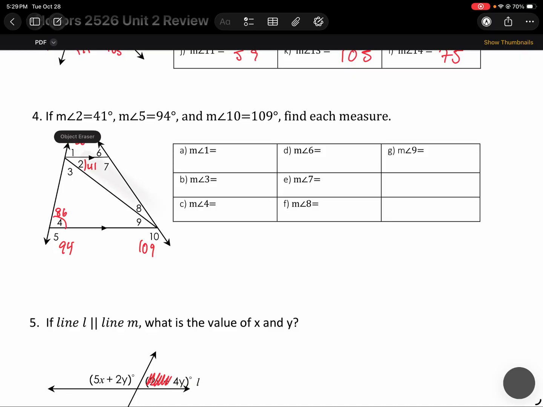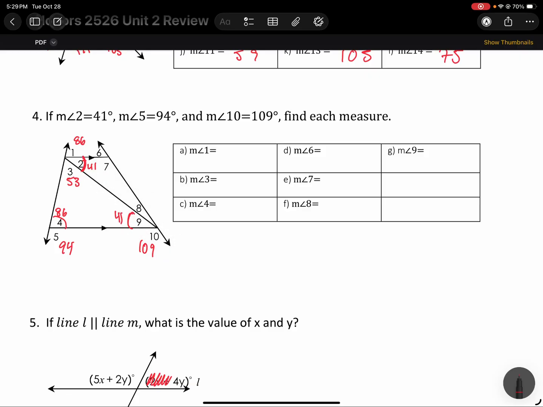From there, angles 1, 2, and 3 all form a supplementary angle. So 86 plus 41 plus angle 3 must give me 180 degrees, meaning angle 3 must be 53 degrees. All right, and then from there, we have alternate interior angles with angle 2 and 9.